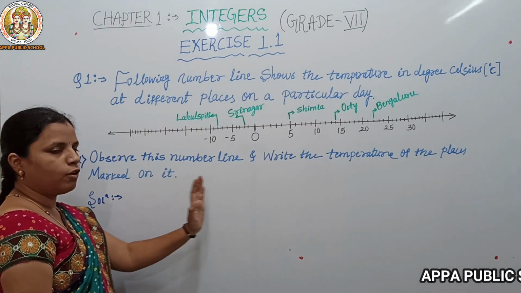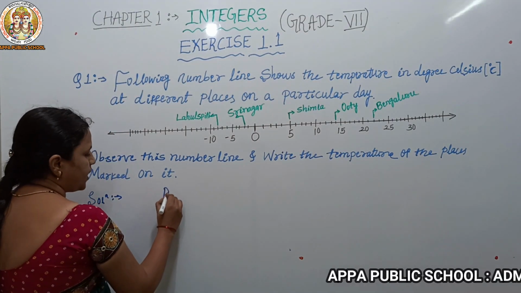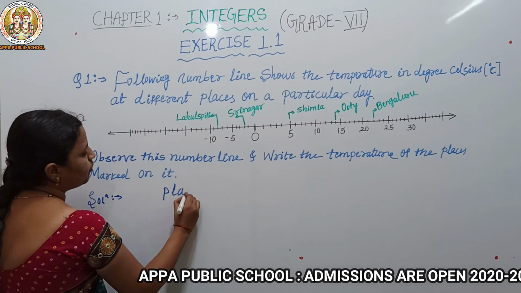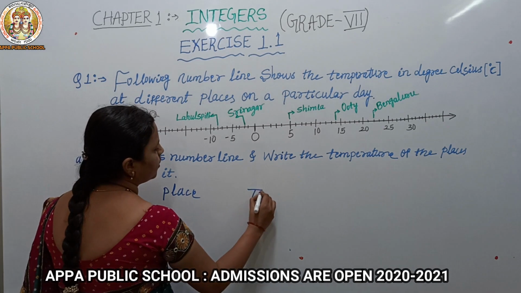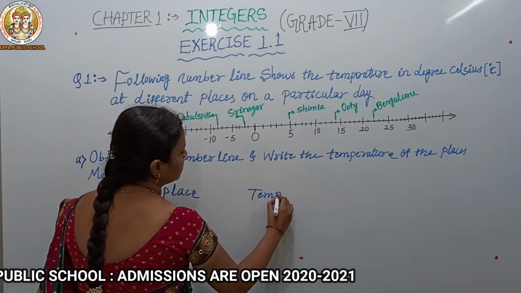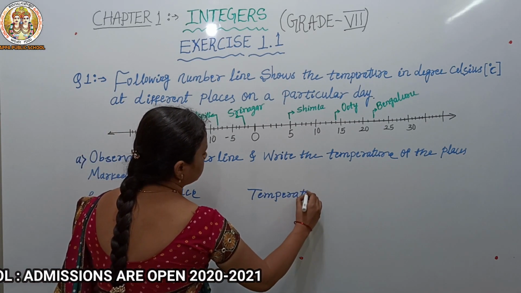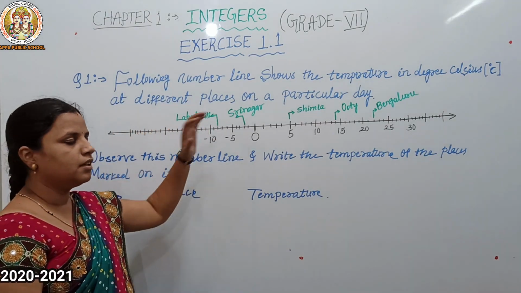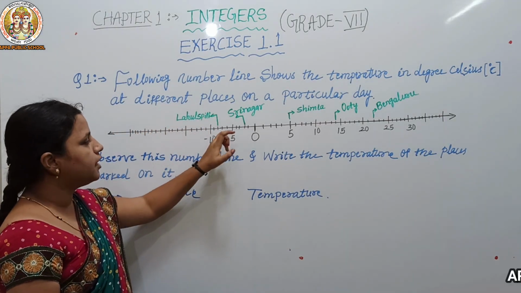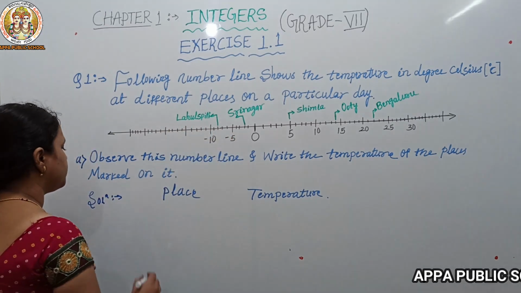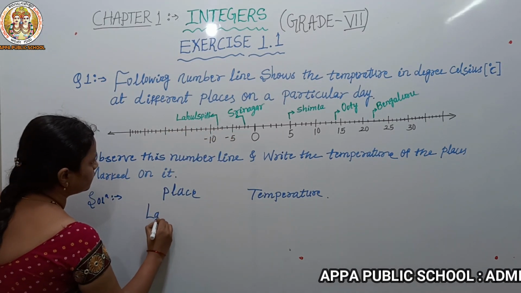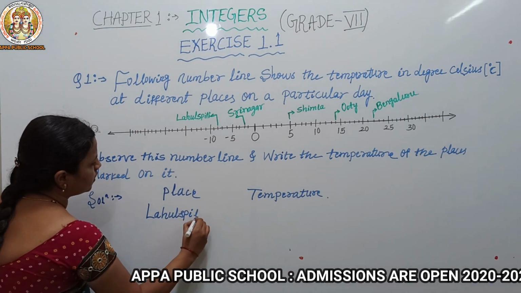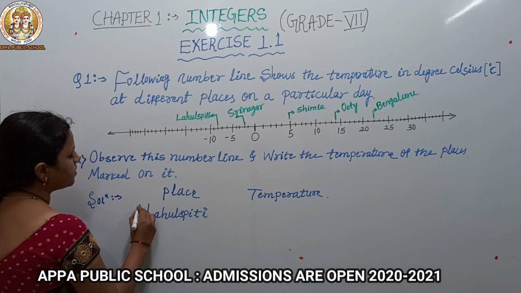We will make a column for this, as they ask for the place and the temperature. First I will write here the place and here the temperature. I will move from the left hand side. On the left hand side the first place is Lahaul Spiti.